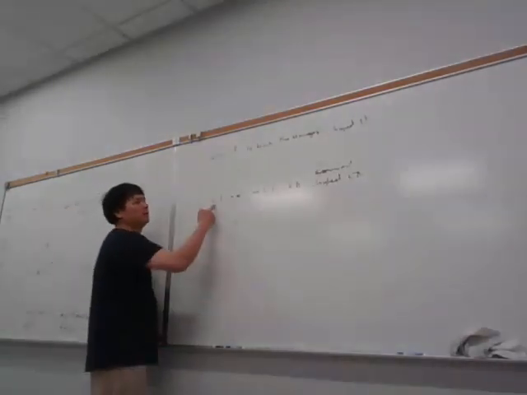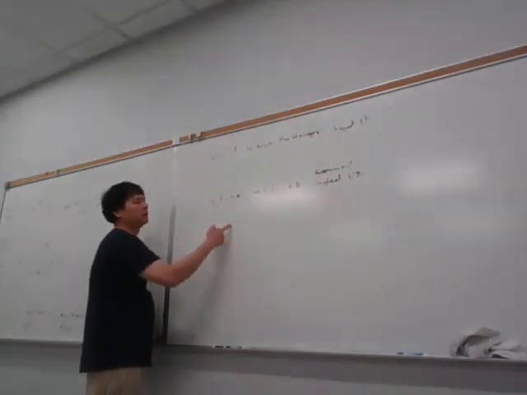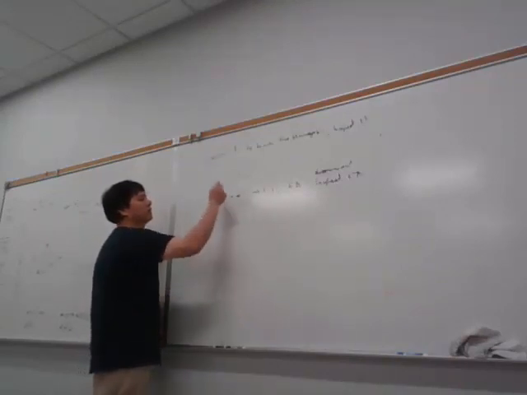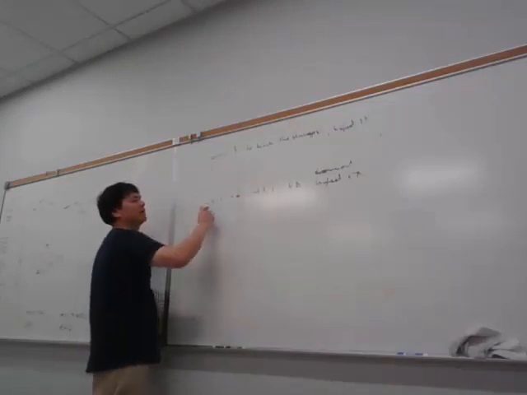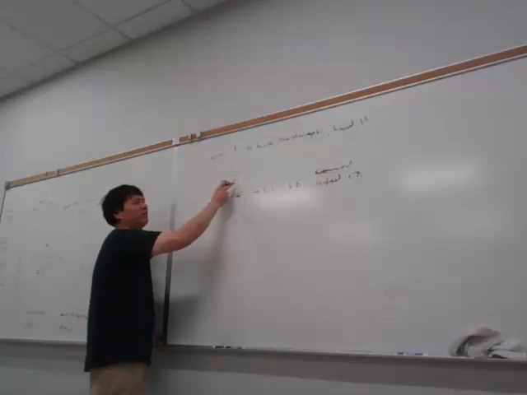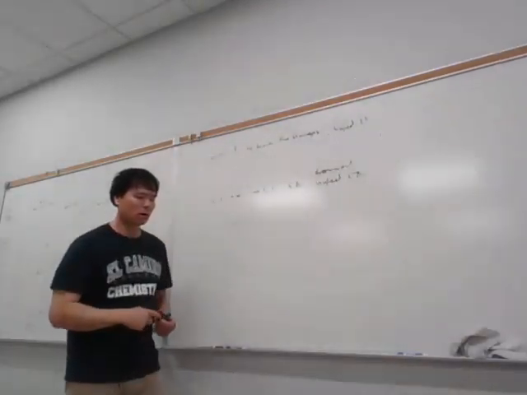But we're not looking at the inner, we're looking at the outermost. The electron's going to go into the outermost orbital, and the outermost orbital on chlorine is a lot bigger than the outermost orbital on fluorine. So we expect fluorine to have a higher EA, that is, it's going to want the electron more.